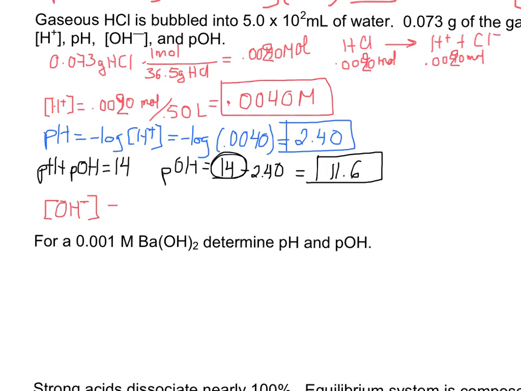So the inverse of that would be that the OH- concentration is equal to 10 to the negative pOH. So that is equal to 10 to the negative 11.6. And so when you punch that into your calculator, you get 2.5 times 10 to the negative 12 molar.